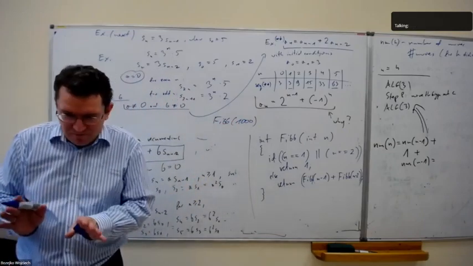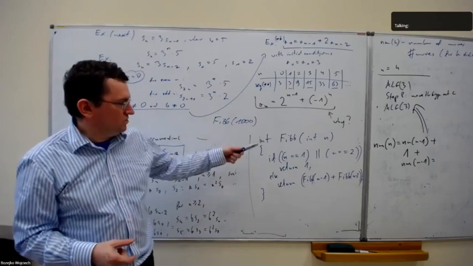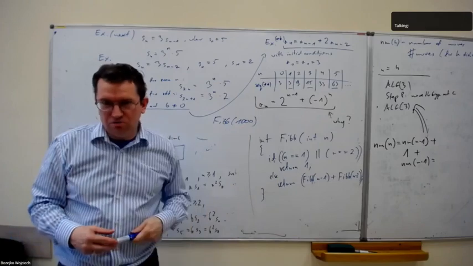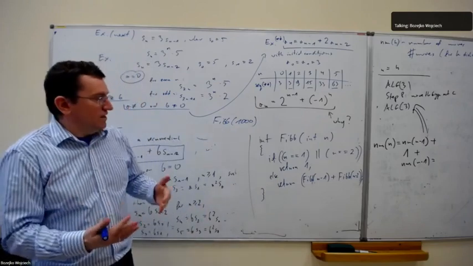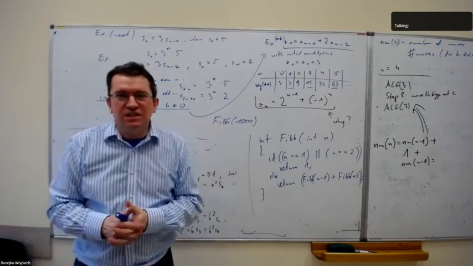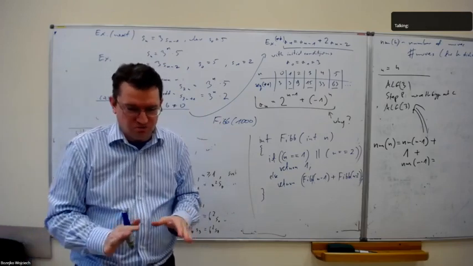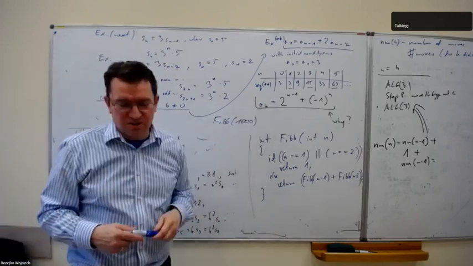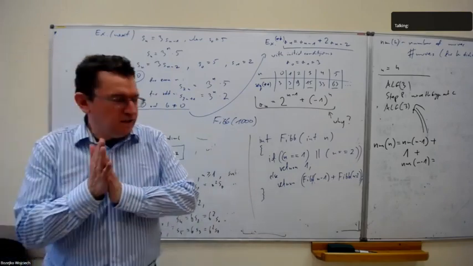Not the value of them, but the number of function calls. So the answer will be F_n. We need the form without recurrence. So this is why sometimes we need just a form without recurrence, like here. But in general, this is difficult.